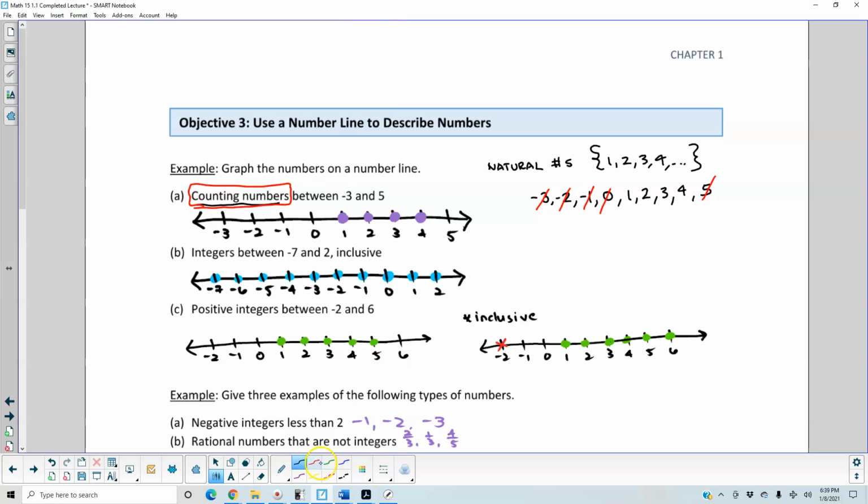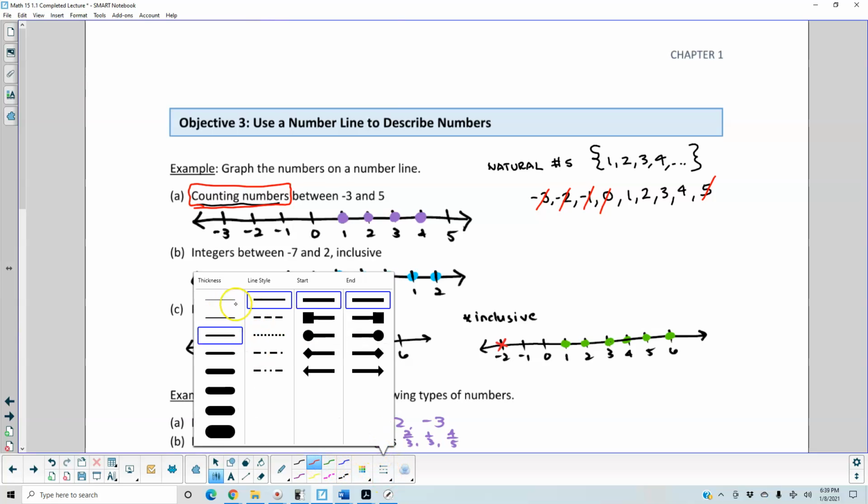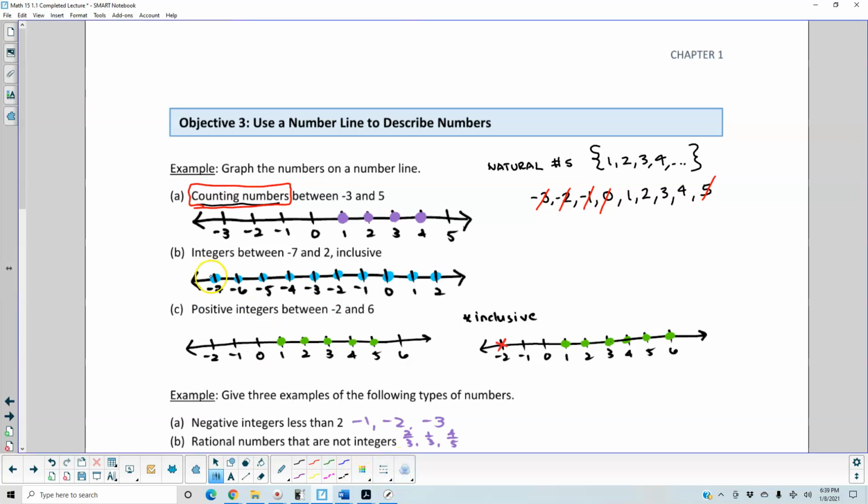Next, we're going to take a look at the integers. So now we want to include integers that are between -7 and 2. So remember what we call integers.